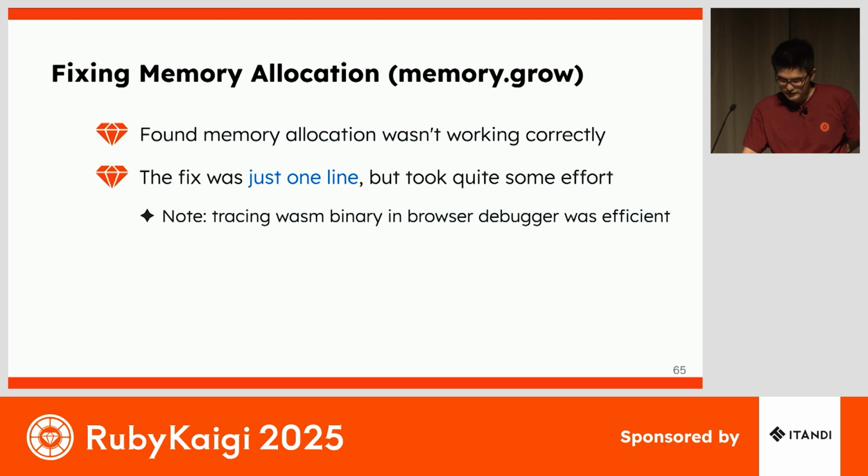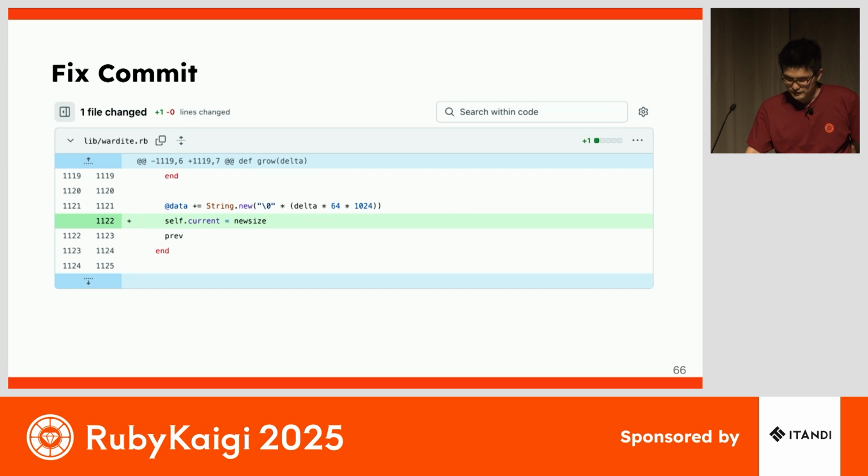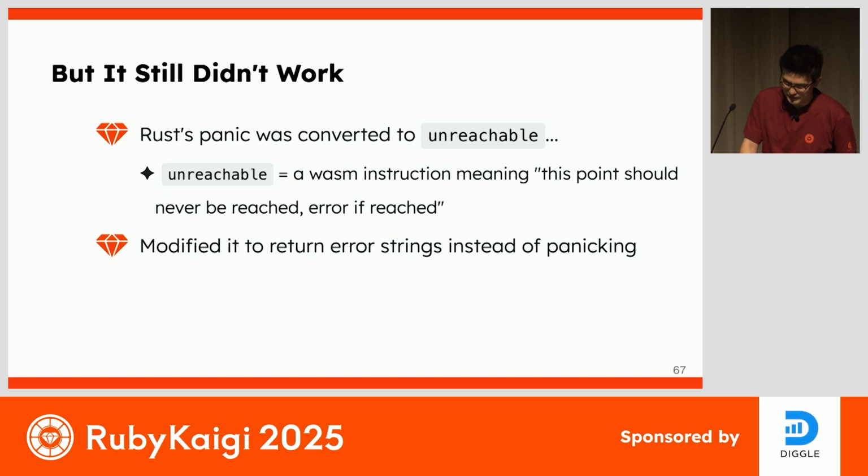The first issue I encountered was the memory allocation process. The fix was just one line, but it took some hard effort. Memory issues were fixed, but it still didn't work. The problem was that Rust panics are translated into a wasm unreachable.